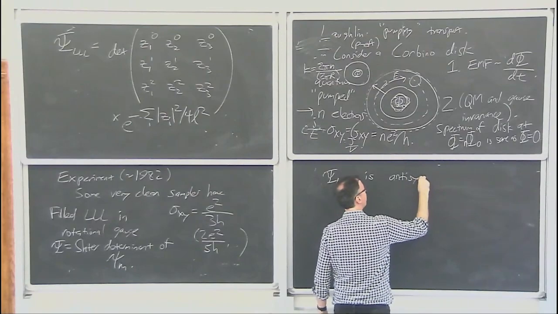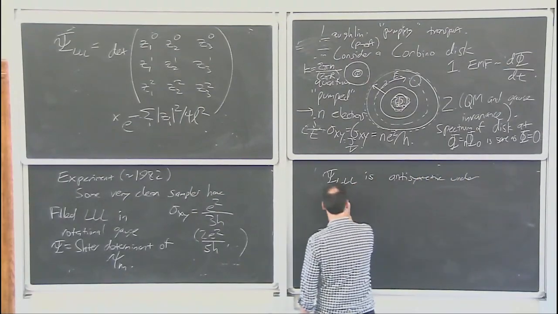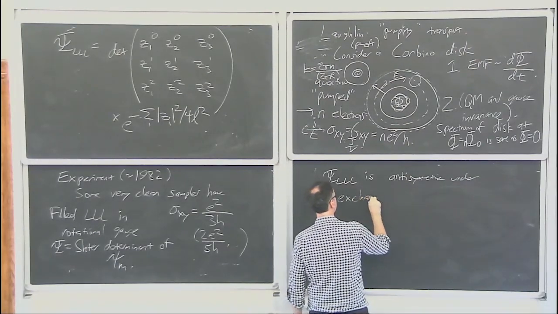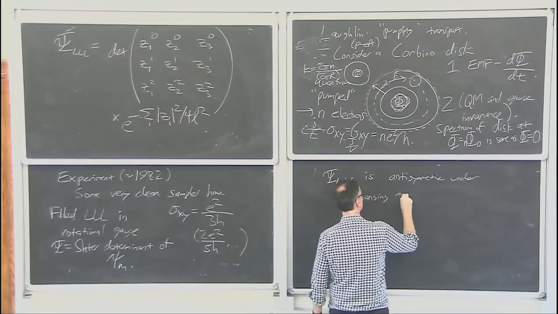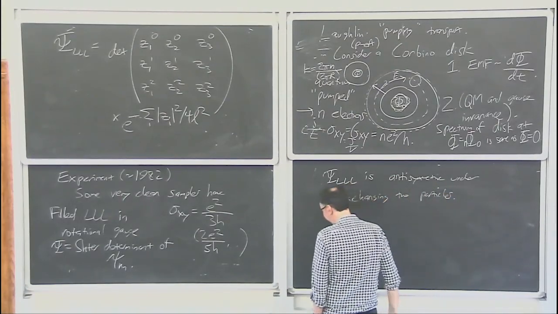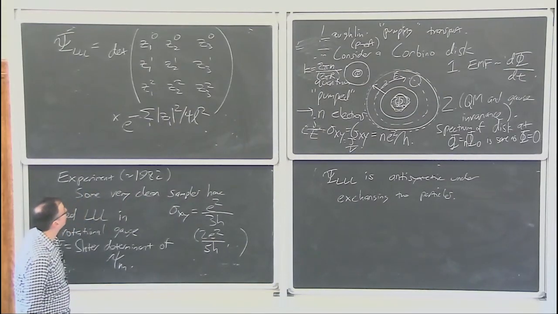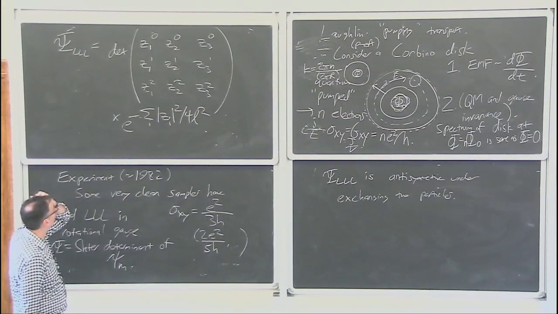So this is anti-symmetric under exchanging two of the particles. And what is the degree of it as a polynomial?